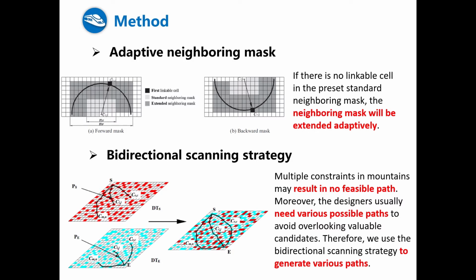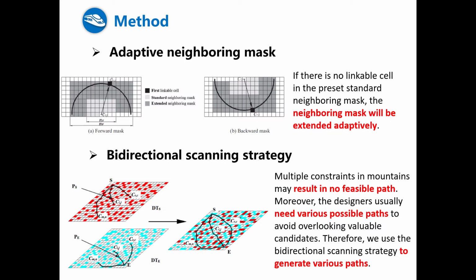However, in complicated mountainous regions, such basic neighboring masks may not be able to find feasible paths. Thus, we can expand this basic mask until a feasible local path can be found. This is our adaptive neighboring mask.